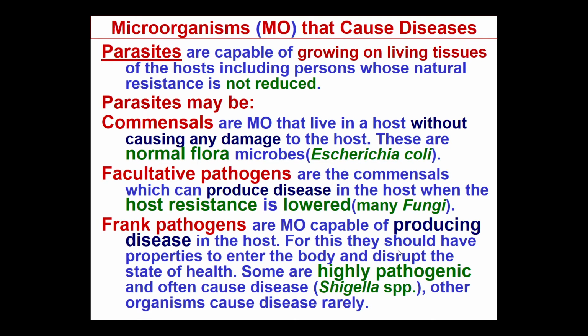For this, they should have properties to enter the body and disrupt the state of health. Some are highly pathogenic and often cause disease. For example, Shigella boydii, Shigella sonnei, Shigella dysenteriae, the species of Shigella causing shigellosis. Shigellosis clinically is a colitis, ulcerative colitis, when ulcers are formed on the mucous membranes of the large intestine.